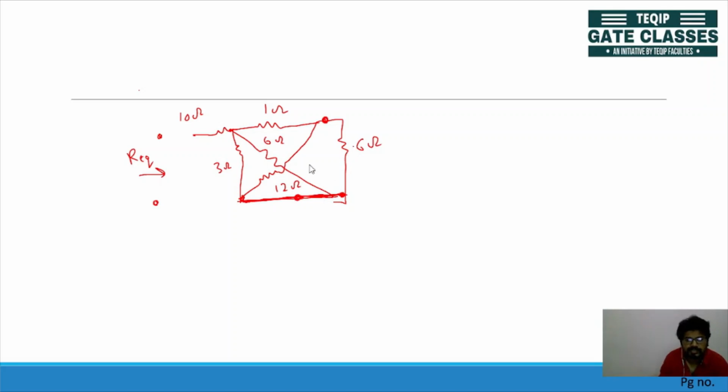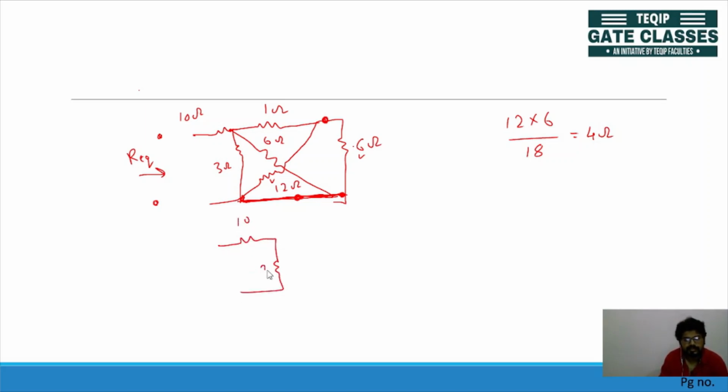So this 6 and this 12 will be in parallel. So we'll take a parallel combination: 12 into 6 by 12 plus 6, that is 18, and it will be 4 ohm. Okay, so what will the circuit be now?